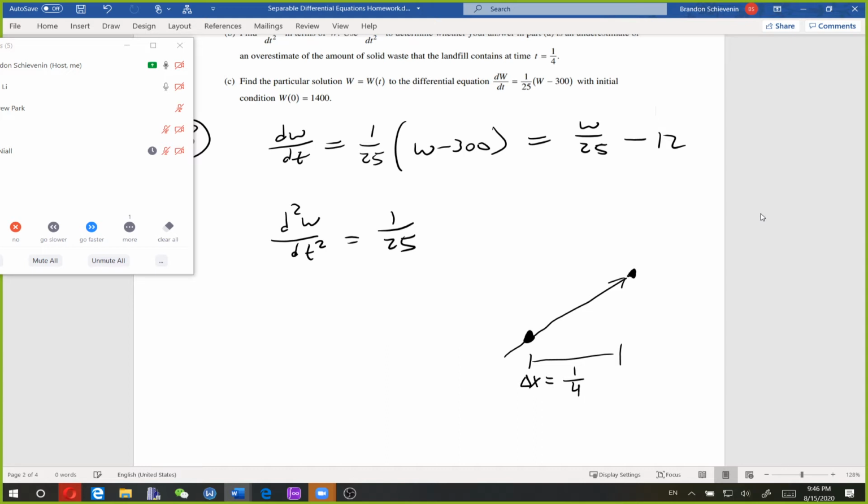But there was a real function there that we don't know anything about yet, other than that it was concave up or down. Concave up, because our second derivative was positive. So we know the function was concave up.